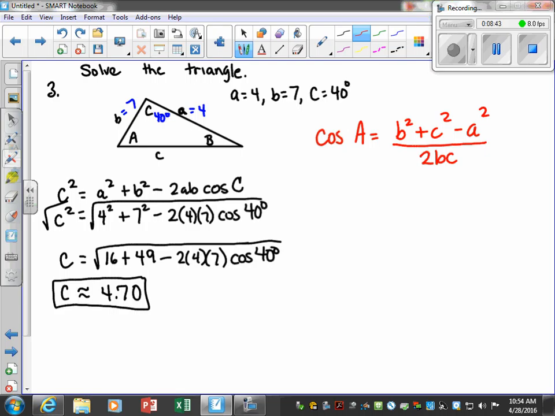Okay, now let's plug in our given information. Our B is going to be 7, so that's 7 squared. C was 4.70 squared.